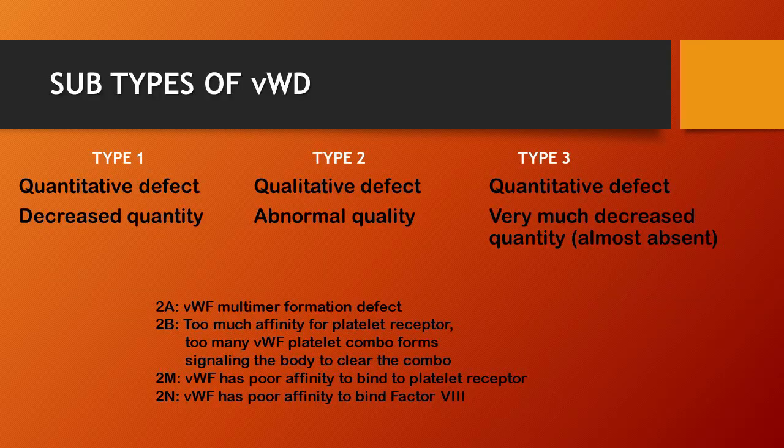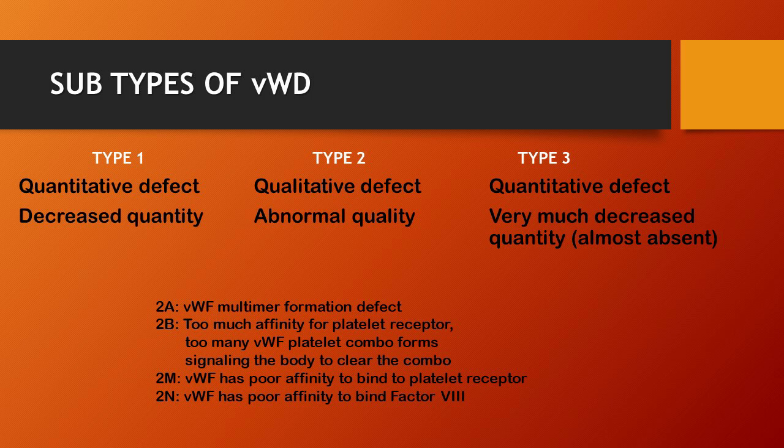Now 2B. The qualitative defect is increased affinity of von Willebrand factor to the platelet receptor, so much so that it will not leave it. The body will remove this combination. The von Willebrand factor-platelet combination gets removed, so von Willebrand factor comes down, and platelets also come down. In this situation, suppose you give DDAVP. More von Willebrand factor will be exposed from endothelial cells and more platelets will bind, and you lose more von Willebrand factor and more platelets.